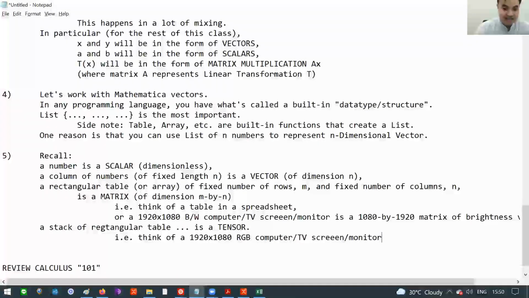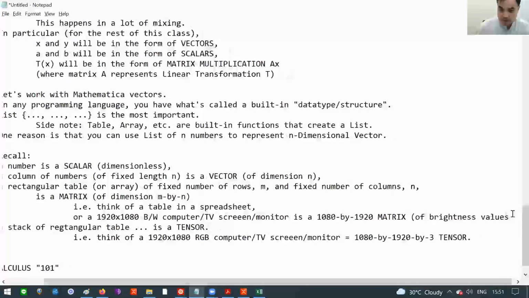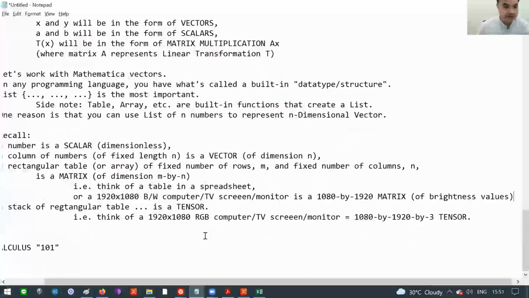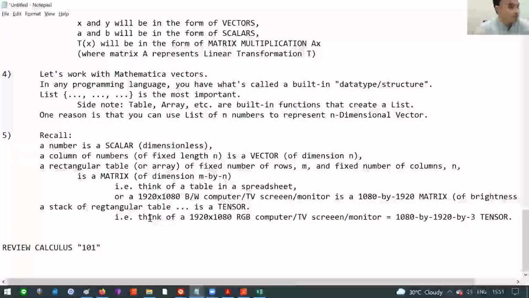Okay, so this is the hierarchy of what we're talking about.